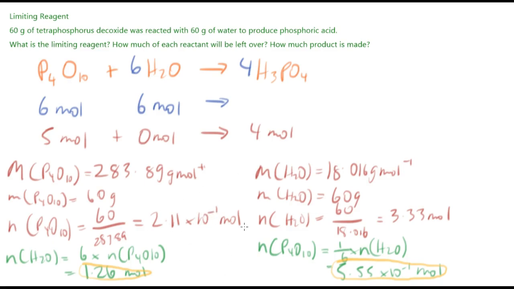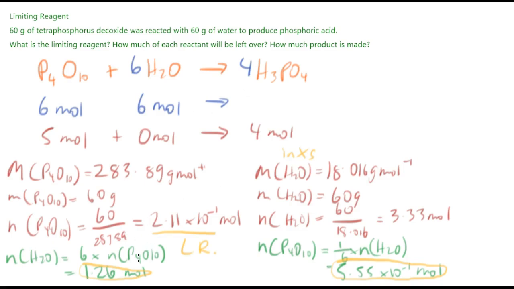So clearly we can tell that our P4O10 is the limiting reagent, and our water is going to be in excess.